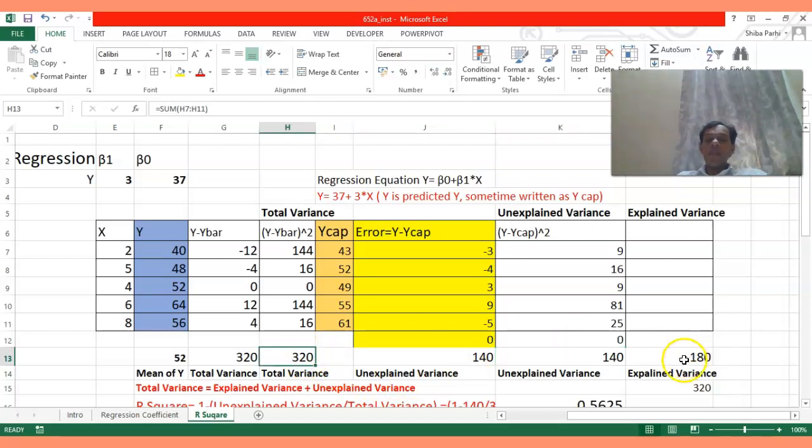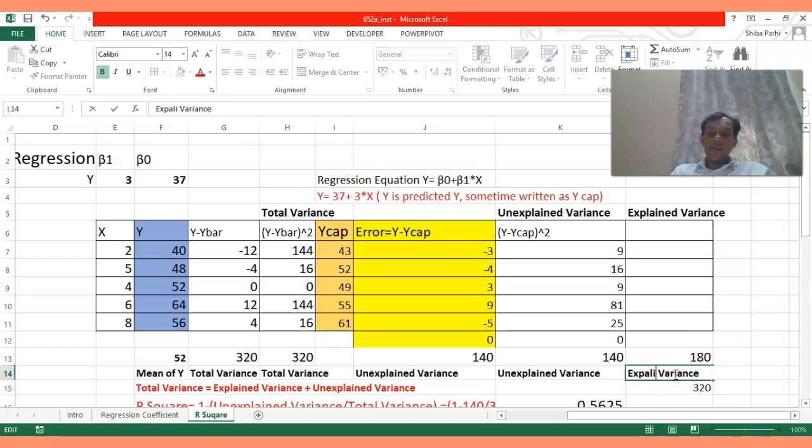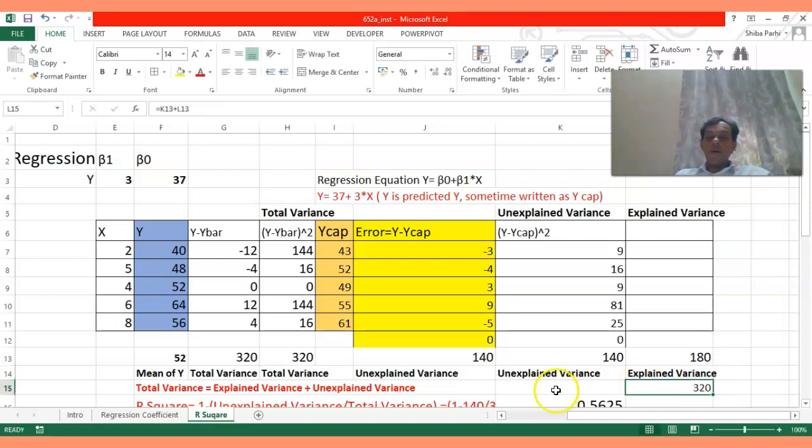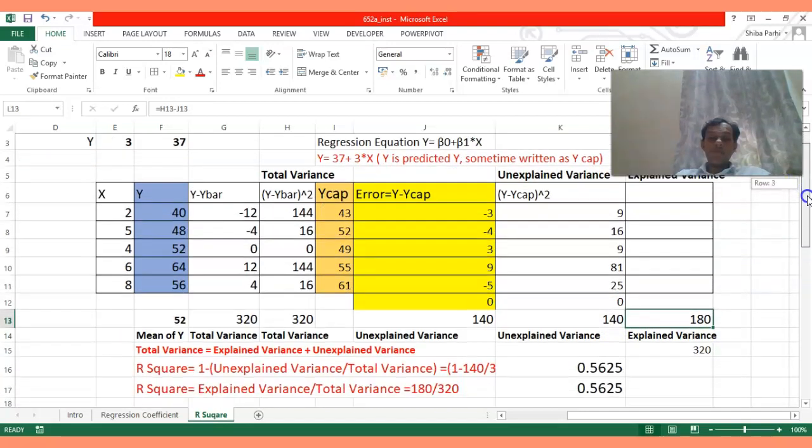So the explained variance is the total variance minus the unexplained variance. Total variance is 320, minus the unexplained variance, is equal to the explained variance.